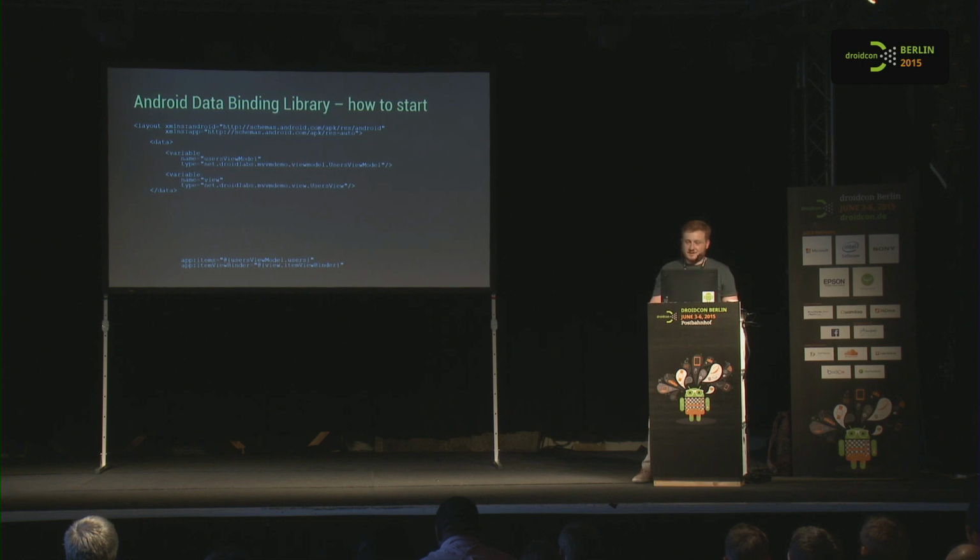So I prepared example how to use it with a recycle view because I think it's more interesting than simple hello world stuff. And I can say that it's doable. I spent maybe 2 hours to learn the data binding library and connect it to the recycle view.